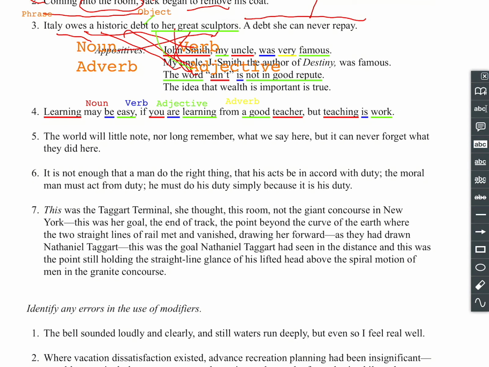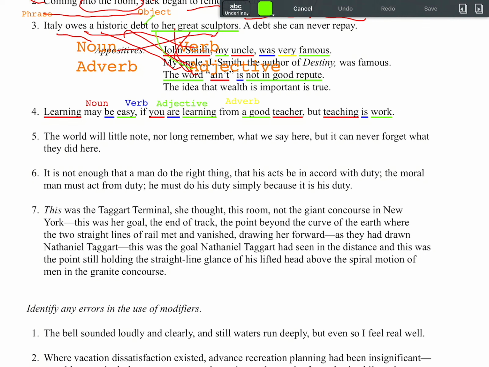Okay, anyway, save. I want to go to adverbs. So may is an adverb because it modifies easy. I mean, be. It's not just be, it's may be. It's qualifying the being as being a maybe.